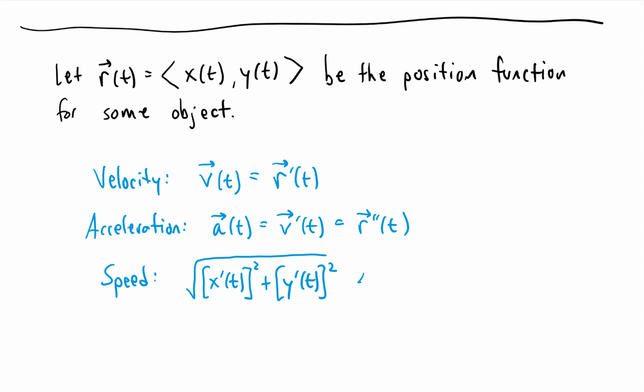So we do get kind of a new formula. If you're not real familiar with vectors, this is yet another formula you're going to have to know, but it's not too difficult to remember.